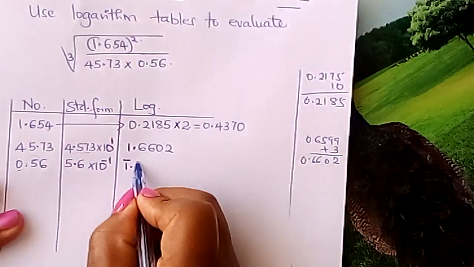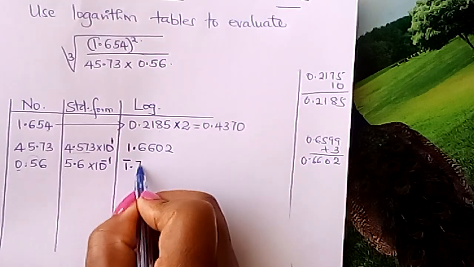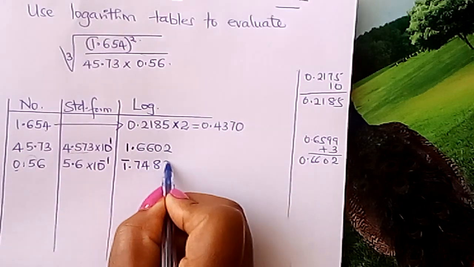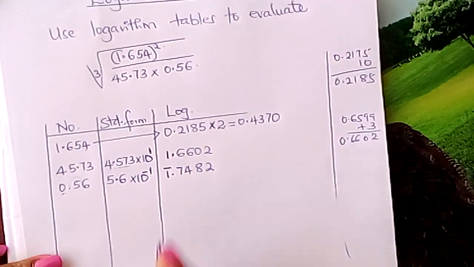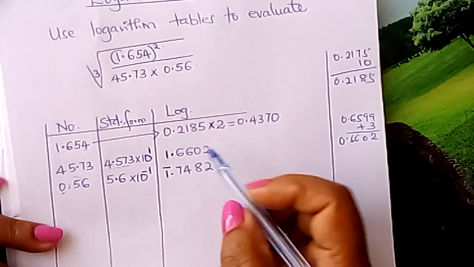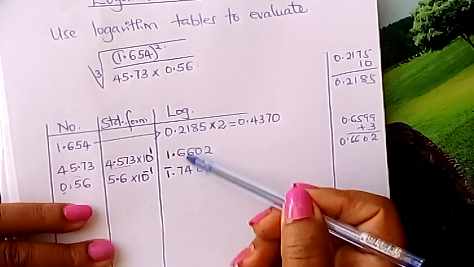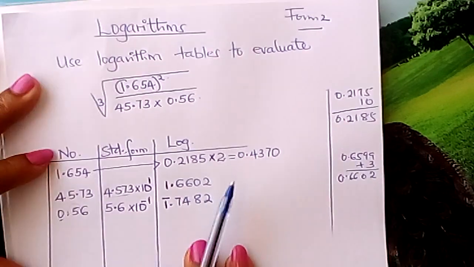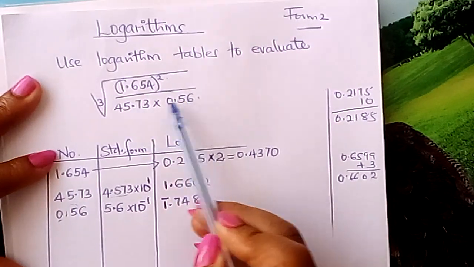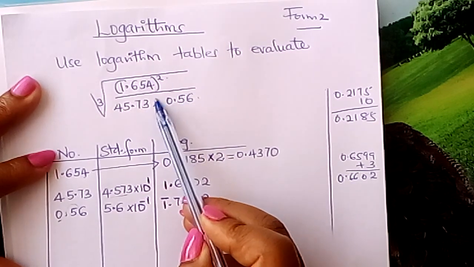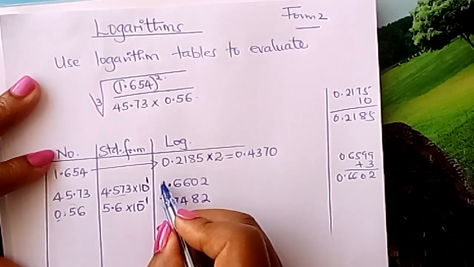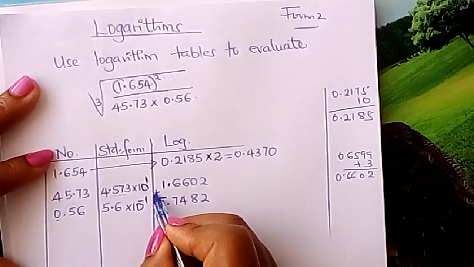You write 0.7482 like that and add that decimal to the bar. From there, Lana, what do we do with these logarithms? We add them. If two numbers are being multiplied, you add their logarithms. So we add these two logarithms here.